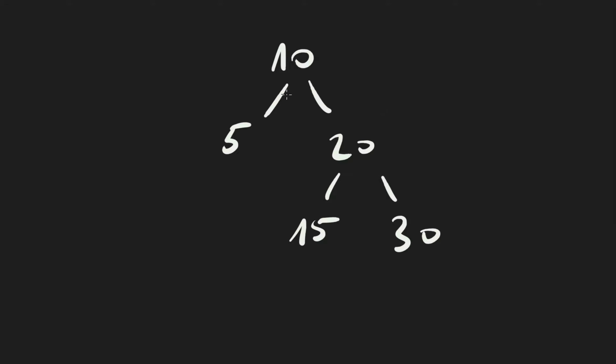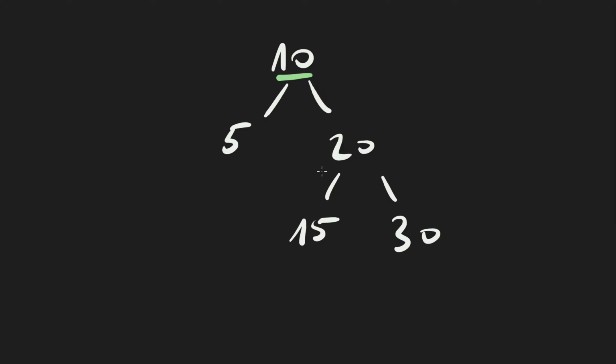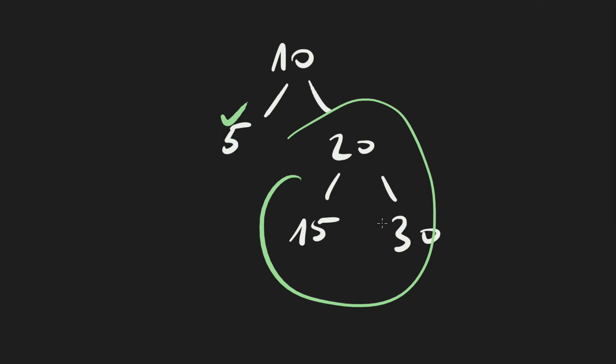So the rule is, if the current parent is 10, all of the left children need to be smaller than 10, and all of the right children need to be bigger than 10. So is 5 less than 10? It is. This is valid. And are all those children bigger than 10? They are.